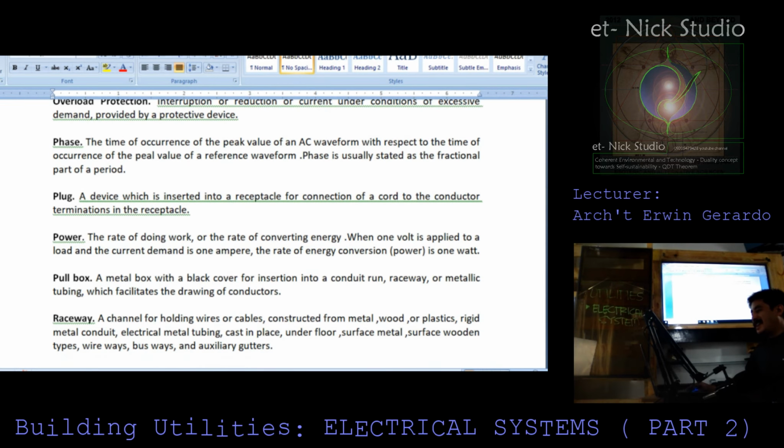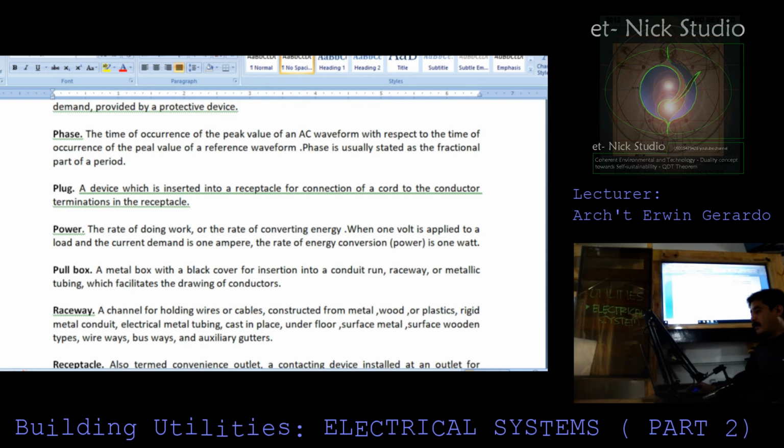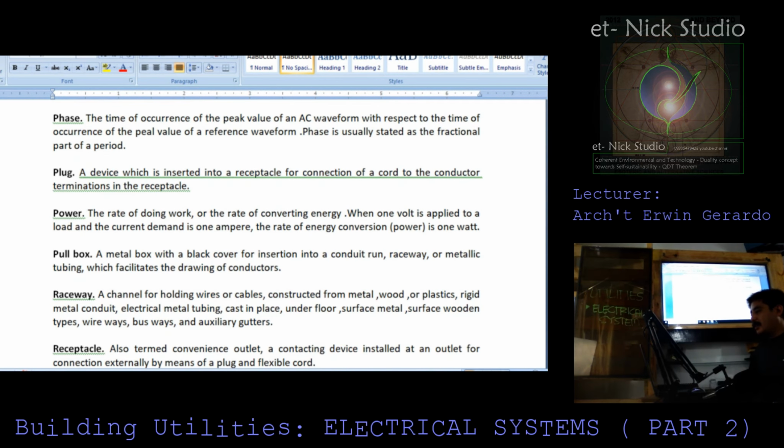Phase, the time of occurrence of the peak value of an AC waveform with respect to the time of occurrence of the peak value of a reference waveform. Phase is usually stated as the fractional part of a period.